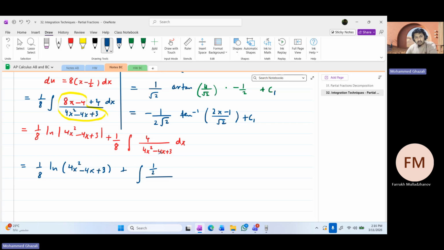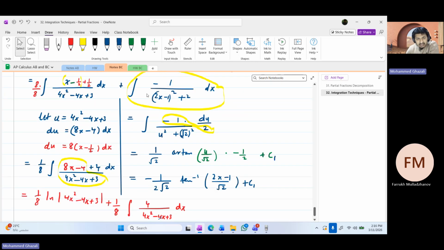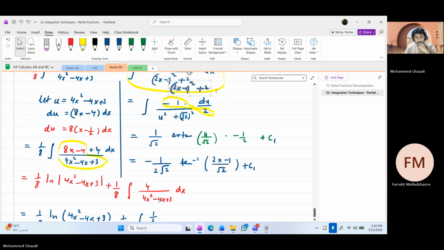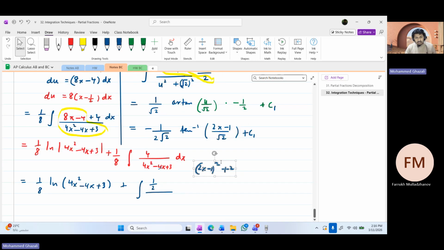This denominator is exactly the same as this denominator here, dx.